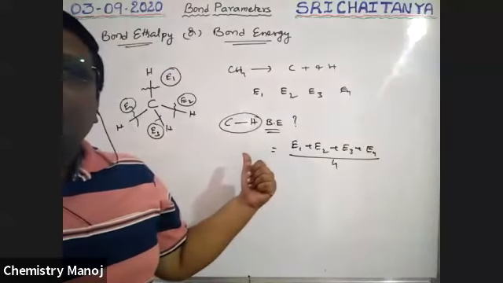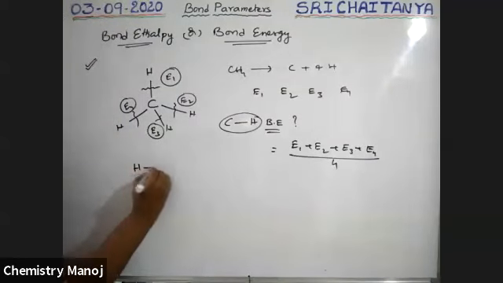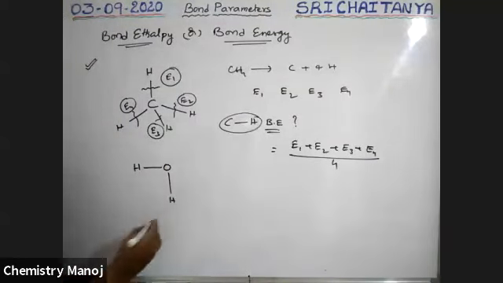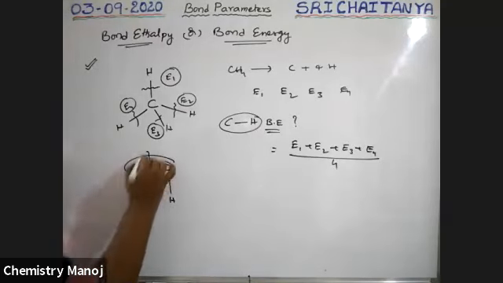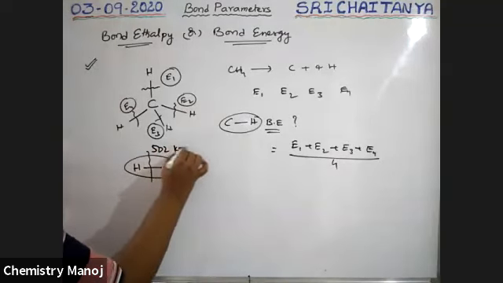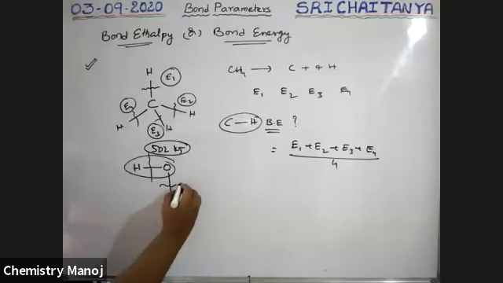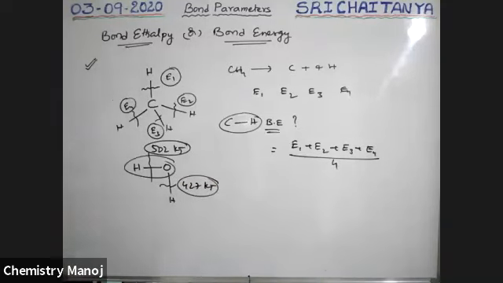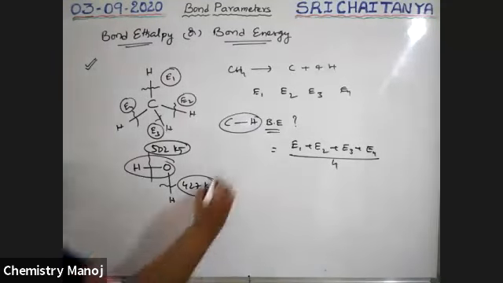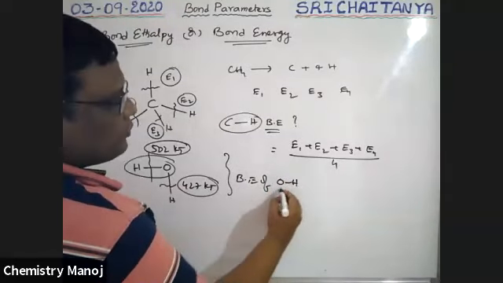Here is the example. Now one more example, boys. There is H2O. For breaking the first bond, there is a need of 502 kilojoules of energy. To break the other O-H bond, we use 427 kilojoules per mole. Now, what is the bond enthalpy of the O-H bond?